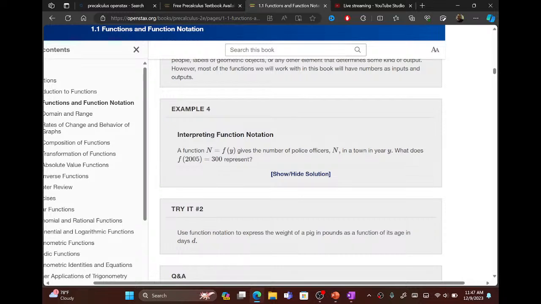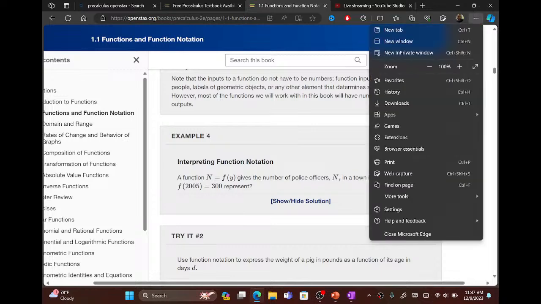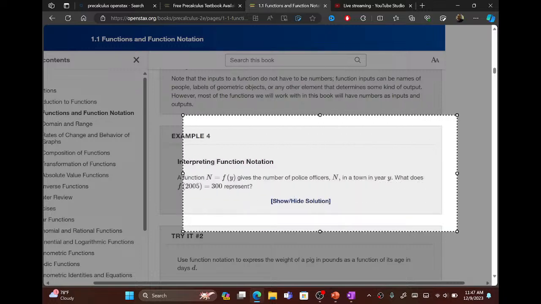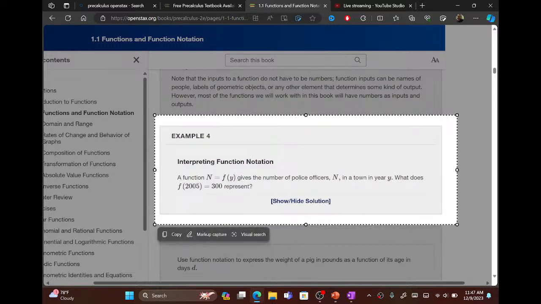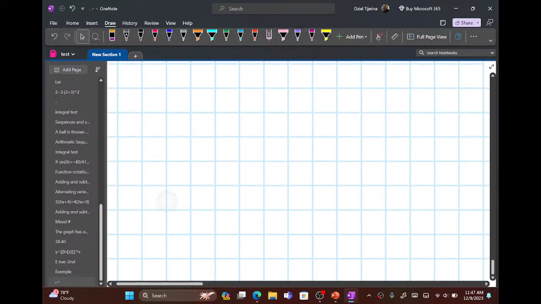Now we want to look at interpreting a function in function notation. So I'm just going to go ahead and do snip and sketch here so that we can look at this example.